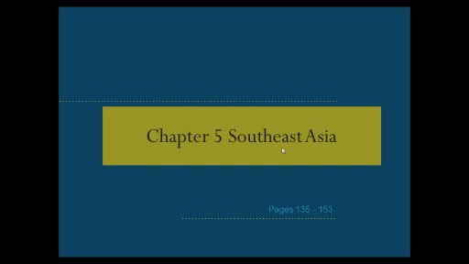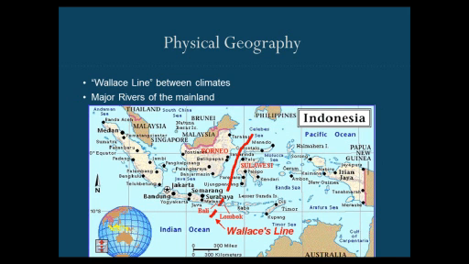All right. So Chapter 5 goes into Southeast Asia, and the main geography question within Southeast Asia is the division within the Indian Ocean. And you'll see on this picture of Indonesia what's called the Wallace Line. The Wallace Line was created by an explorer who wanted to look at the division of Indonesia and the islands around Indonesia between the climates.